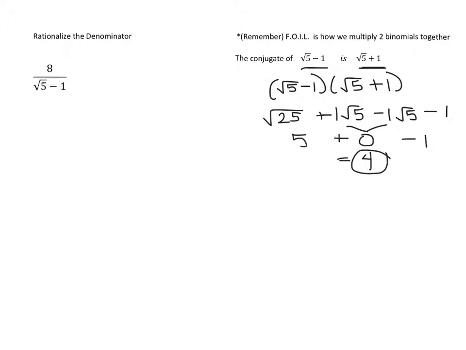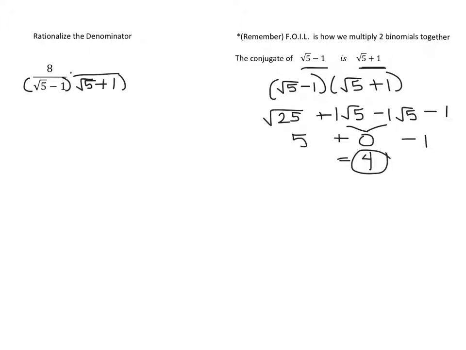So by using the conjugate, plus and minus, the middle terms should subtract out to give you 0, and therefore we have no more square root signs. So let's come over to the left. To rationalize the denominator, we're going to choose the conjugate, which is the square root of 5. And remember, you choose the opposite sign.